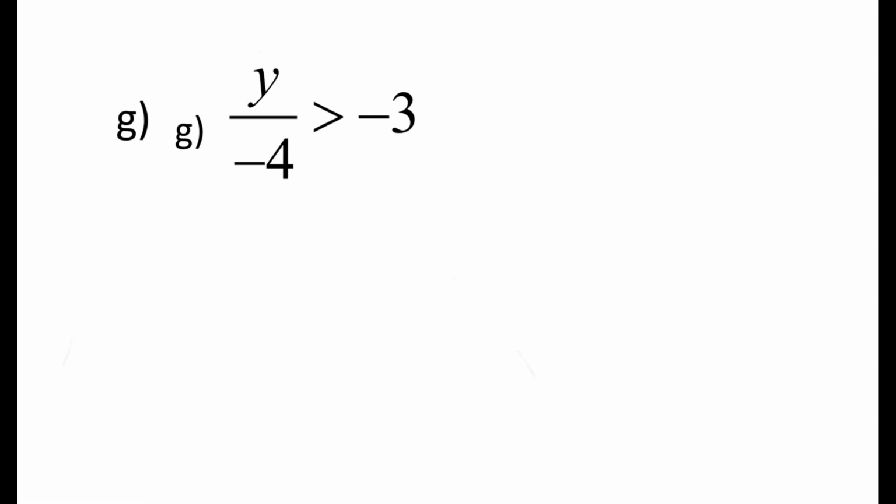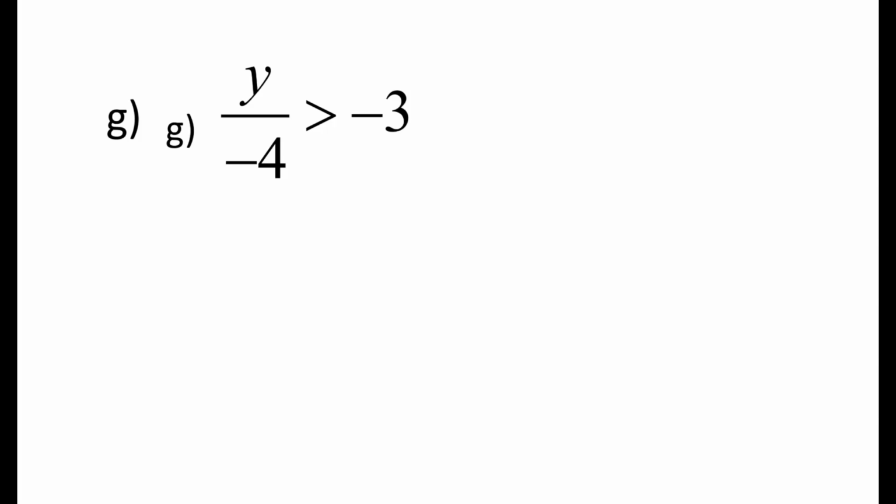For G, we have y over negative 4 is greater than negative 3. We want to get y by itself, and we have to do the opposite of what we've been given. So we've been given dividing by negative 4, we'll be multiplying by negative 4. That has to be done on both sides, giving us the left-hand side canceling off, leaving us with y.